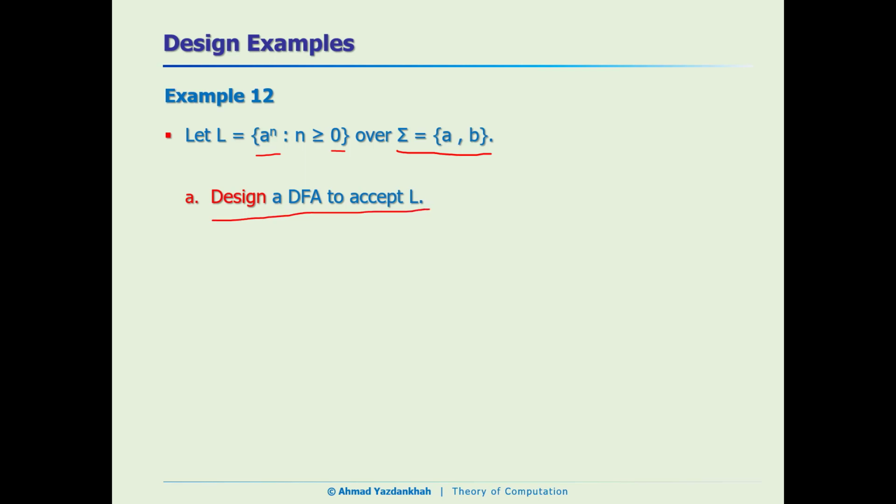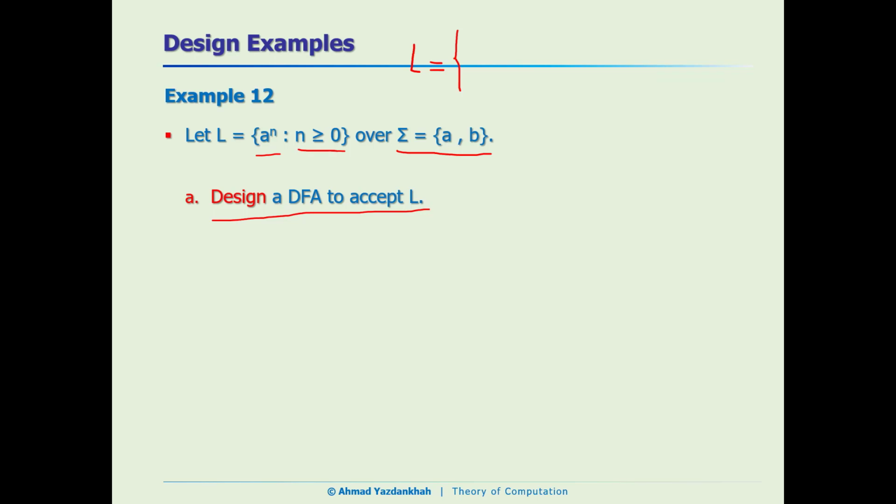Sometimes it helps us to enumerate the language and know what kind of strings should be accepted. So we enumerate this language, a to the n, which means any number of A's, and it starts from 0.